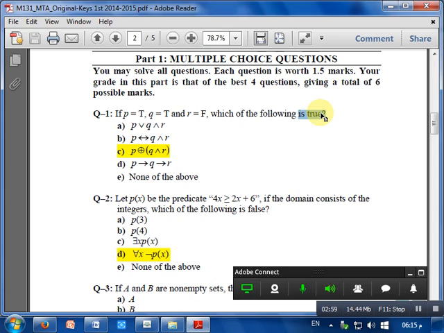For the first one, P or Q and R: going from the left hand side, P or Q is true or true, true, and R, and false, it is false. Clear?